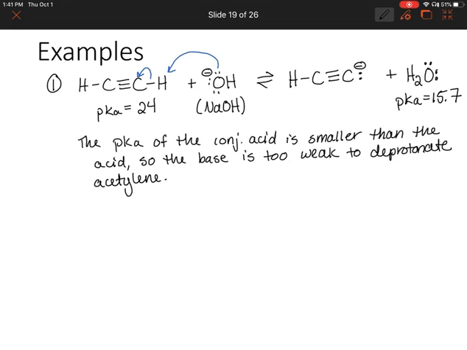So again, remember, because water's pKa is smaller, that means that the base isn't very strong. If we had a strong base, it would produce a really weak acid with a really high pKa value. So hydroxide just doesn't quite cut it here. We need something different.